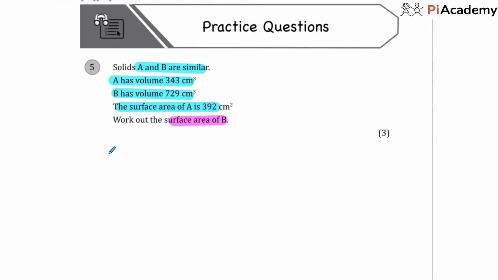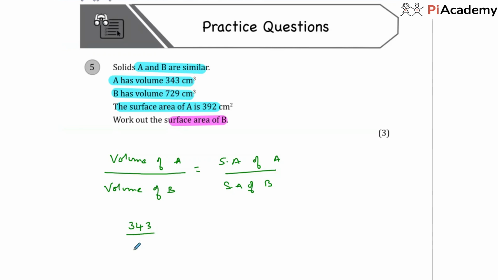Okay, now let's do it. You're given this, you should understand this: volume of A over volume of B is equal to surface area of A over surface area of B, okay? Now, you have the volume of A is 343 divided by volume of B is 729, equal to surface area of A is 392 divided by surface area of B, which you're asked to find.